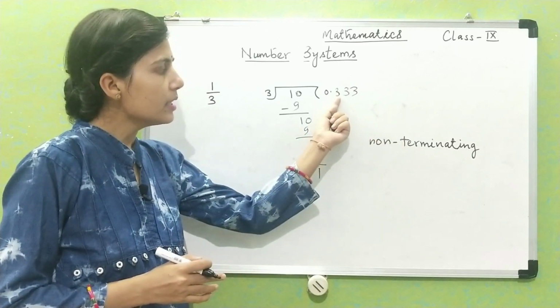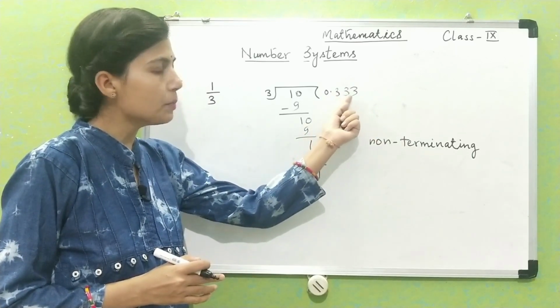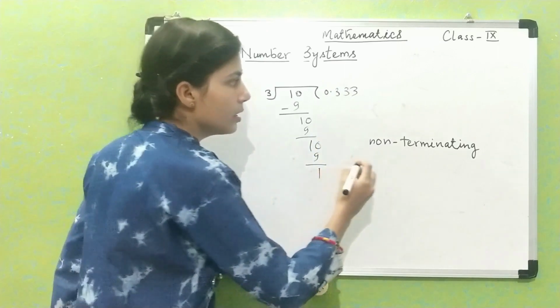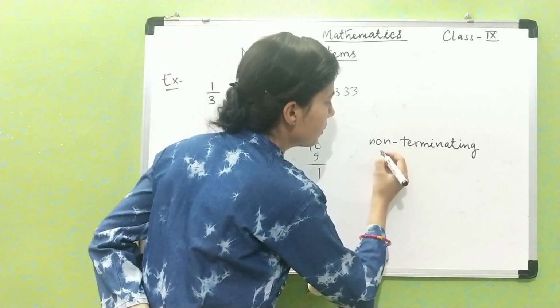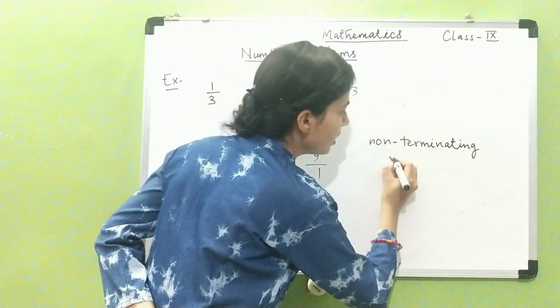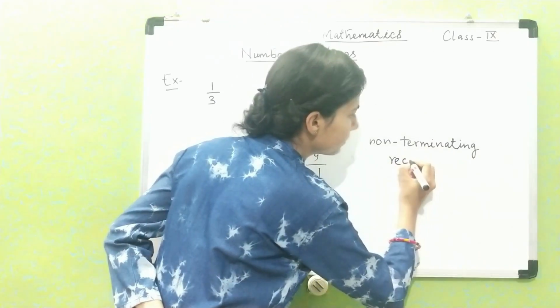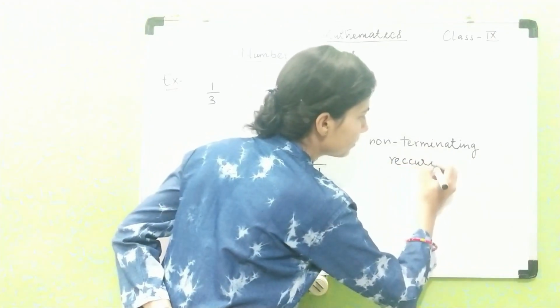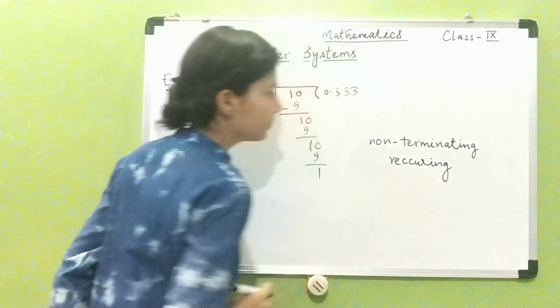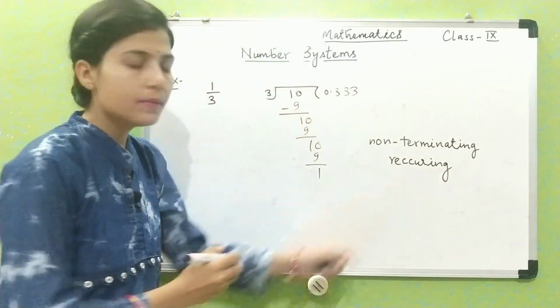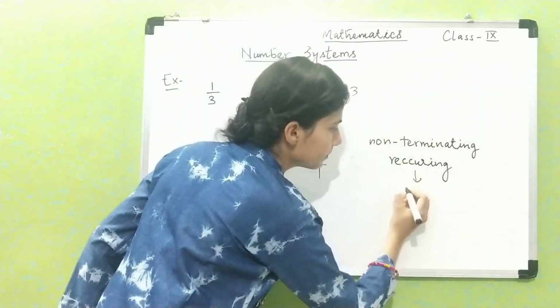As you can see, this digit 3 is repeating, so add this one: non-terminating recurring. Recurring means repeating.